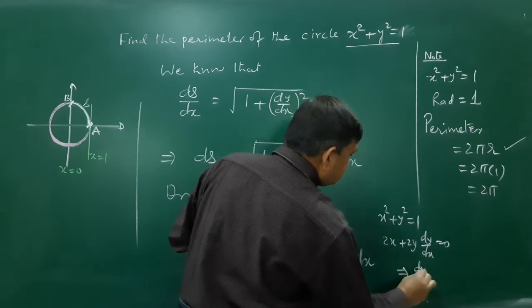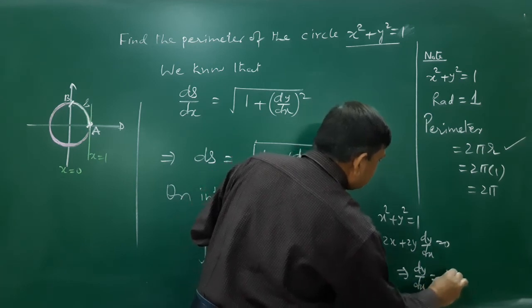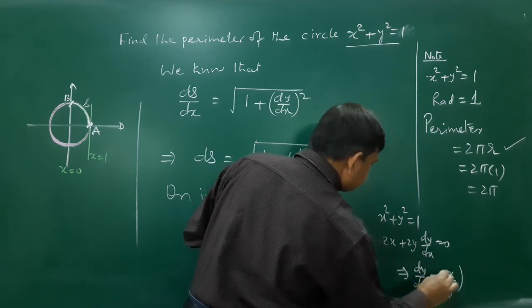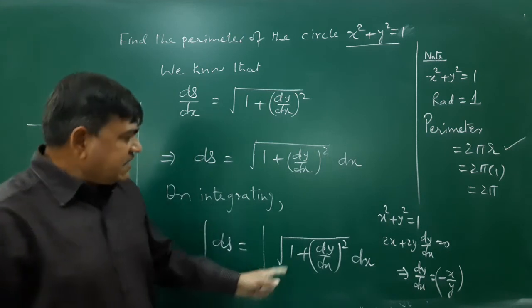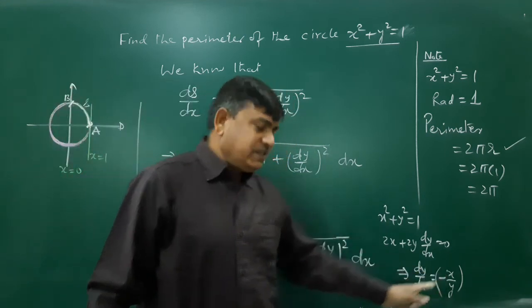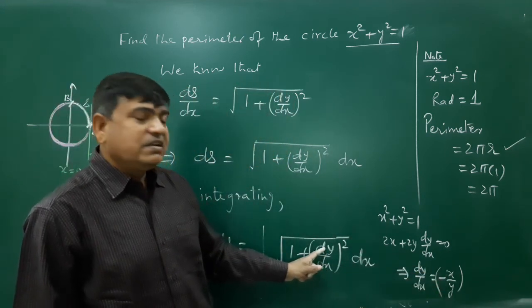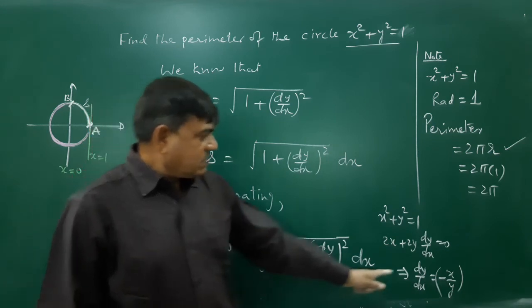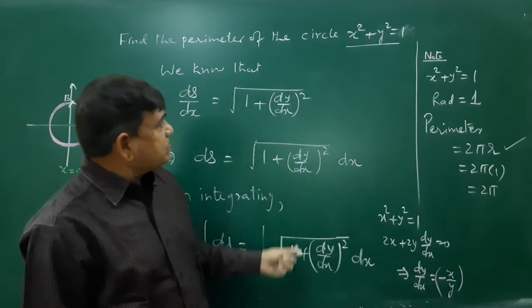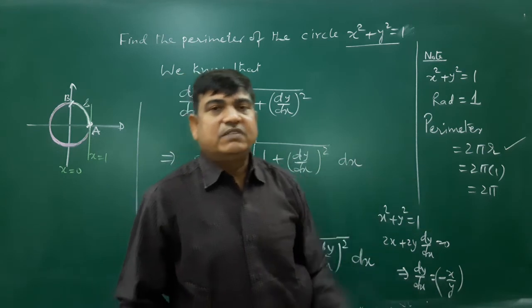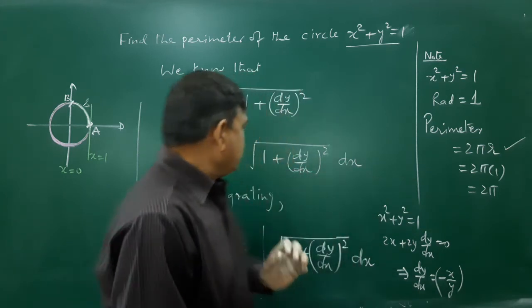This implies dy by dx equals to minus x upon y. So we place the value of dy by dx here, minus x upon y, so it will be x square on y square. Then instead of y square we can write 1 minus x square and we can simplify this.